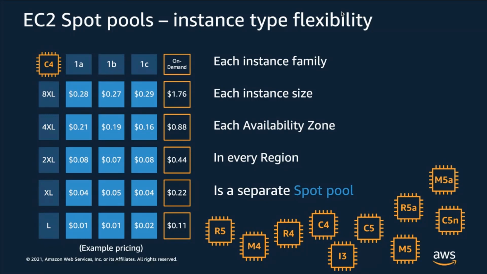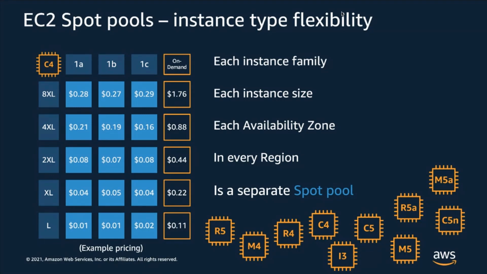We call those Spot pools because when you launch a Spot instance, you want to think about launching into as many of these Spot pools as possible, or at least allowing your workload to launch into as many of them as possible, because the amount of spare capacity in each of these pools is going to be fluctuating and changing in real time. That also means that each pool has separate pricing associated with it, depending on the long-term trends in supply and demand for those particular pools.